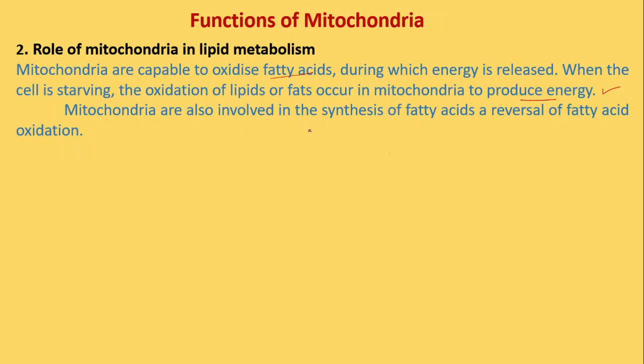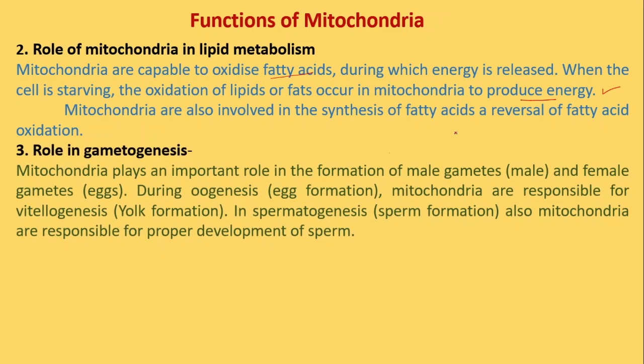Mitochondria are also involved in the synthesis of fatty acids, a reversal of fatty acid oxidation. This means they are responsible for lipid metabolism, that is, synthesis of fatty acids as well as degradation of fatty acids.